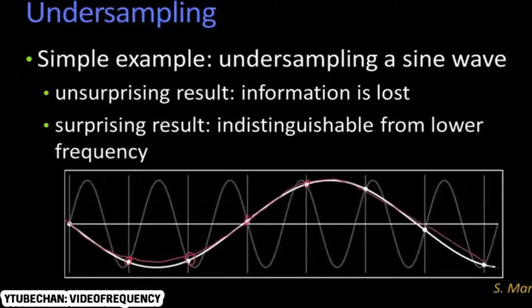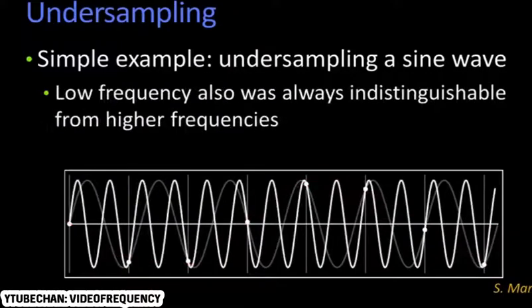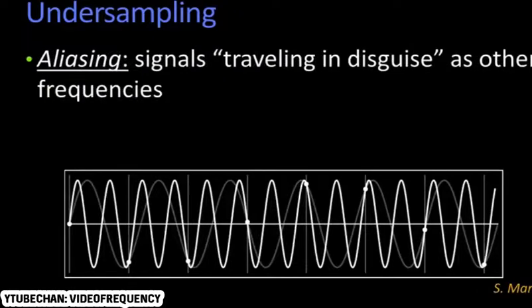Okay, continuing with that, the surprising result is that the low frequency was always indistinguishable from those high frequencies if you only gave me a small number of dots. That is, I can't tell whether it's a high frequency or a low frequency. And that's the definition of aliasing.